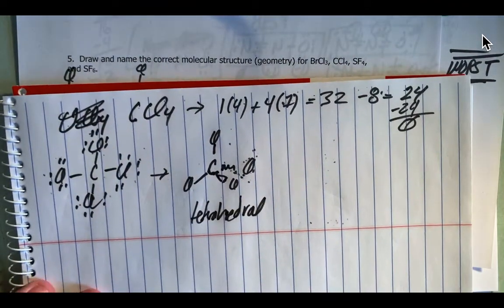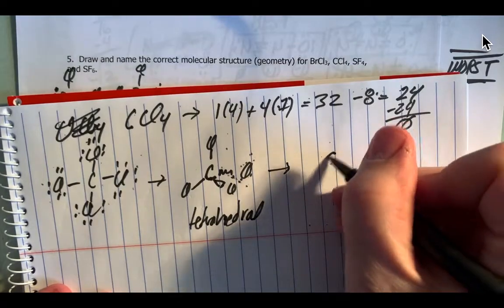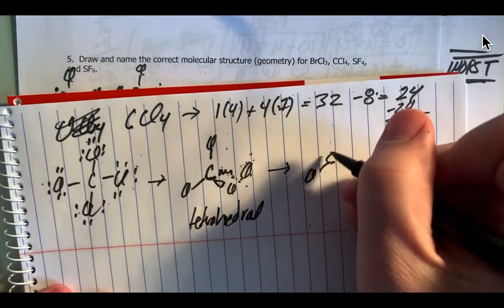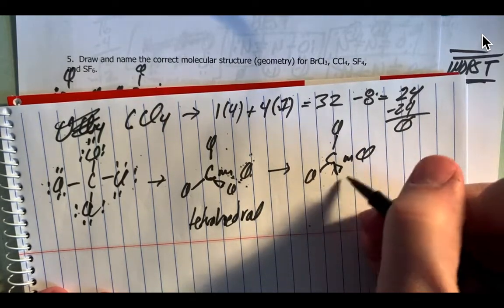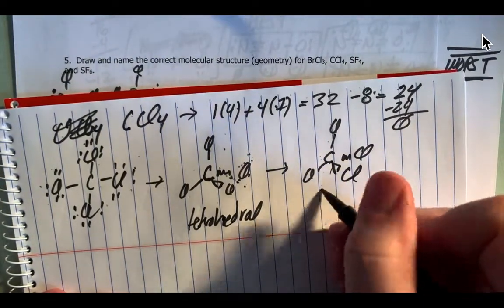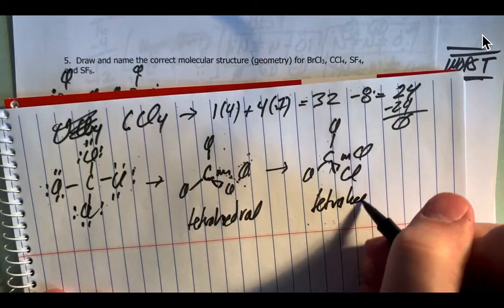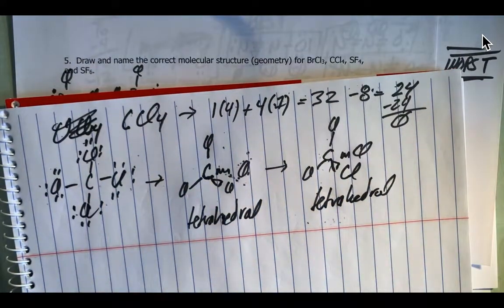Since there are no lone pairs to cover, in any case where there aren't any lone pairs on the central atom, our molecular structure is identical to our electronic structure, also tetrahedral.